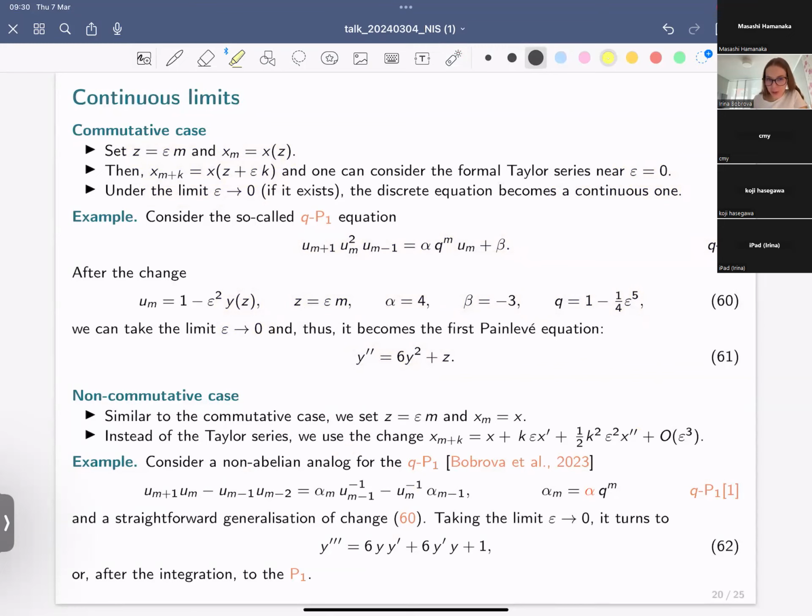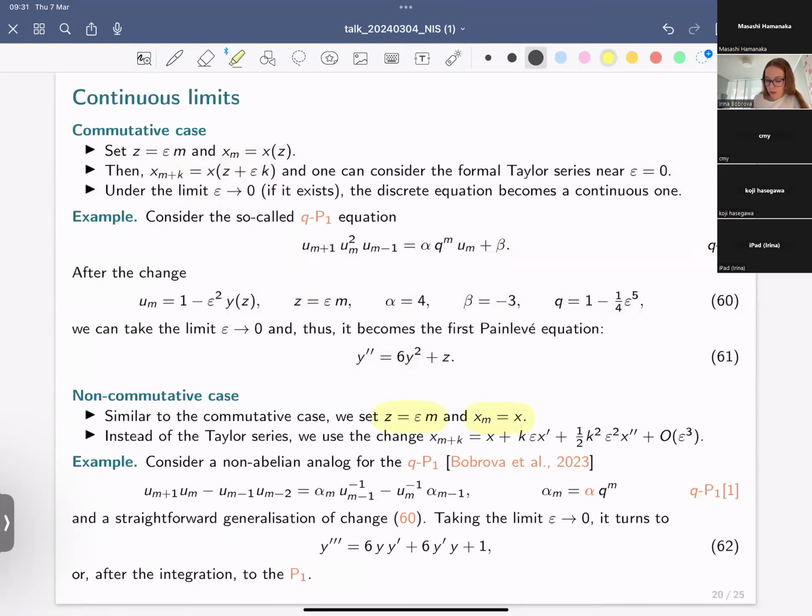Similarly to the commutative case, we set the change of the size of our lattice and change of the main variable x sub m. Now we can't talk in general about the Taylor series, but we still can use a change that is similar to the Taylor series.